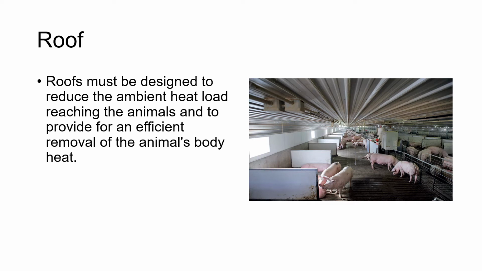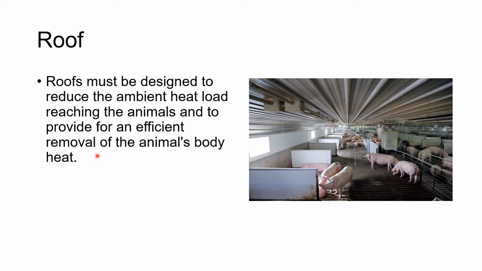Now, the roof must be designed to reduce the ambient heat load reaching the animal. So, kailangan na yung roof natin, it is designed in a way na naproprotektaan niya yung pagpasok ng high temperature doon sa loob ng housing, and then the roof must be designed to provide for an efficient removal of the animal's body heat.